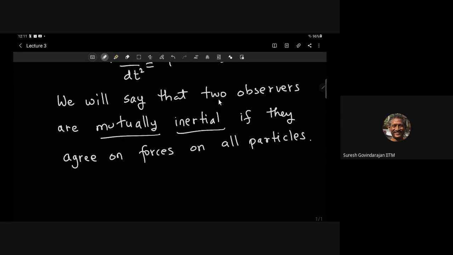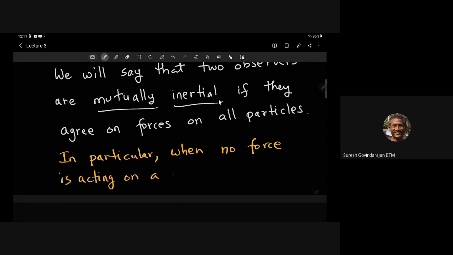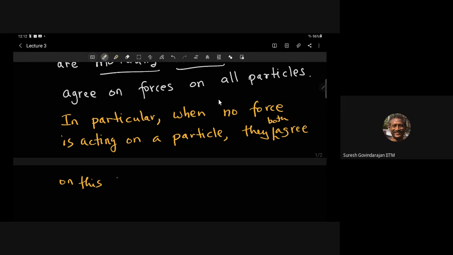In particular, when no force is acting on a particle, they agree on that fact. They both agree. Okay, so this is the idea.